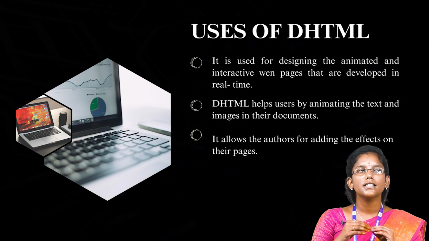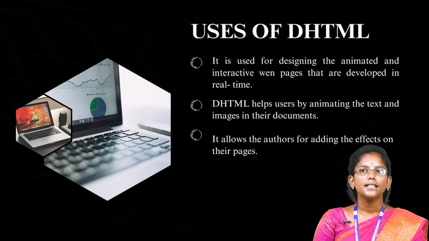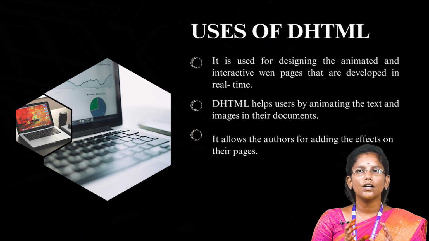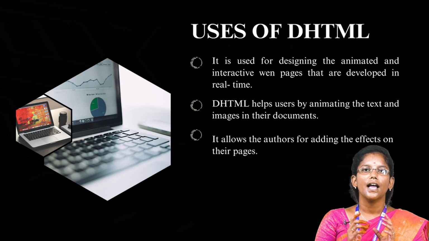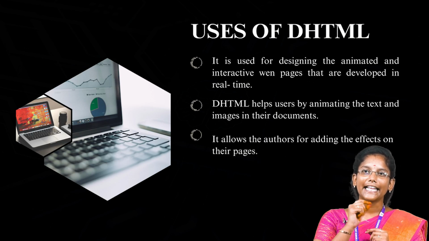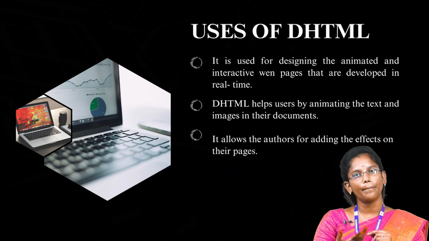Next one, it also allows page authors to include drop-down menus or rollover buttons. Next, it is also used to create various browser-based action games. It is also used to add tickers on various websites which need to refresh the content automatically.